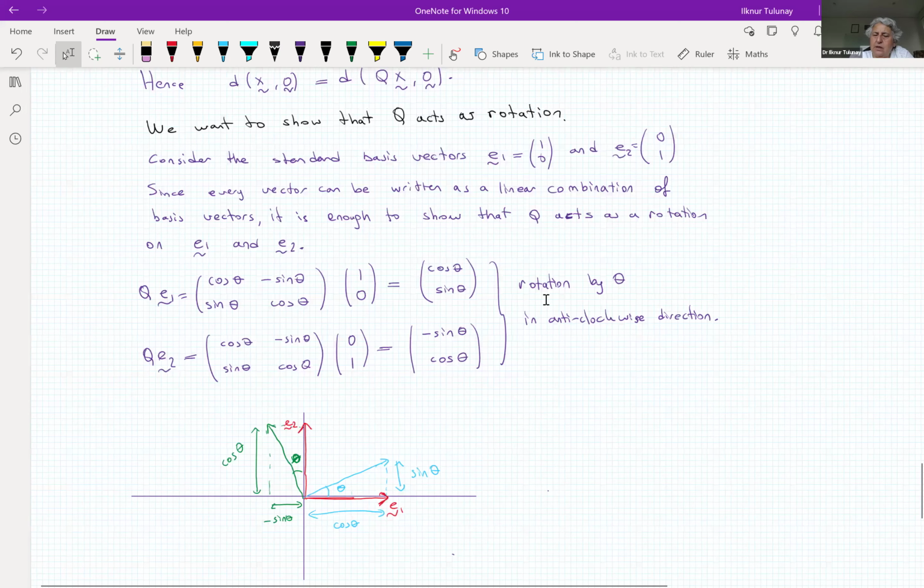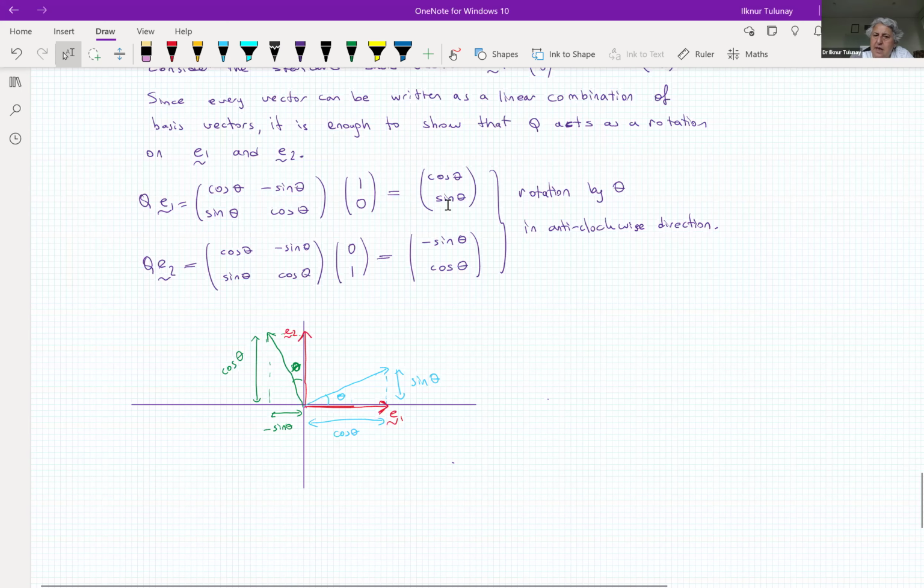This is obvious from here, but let's have a look at what we are doing. So this is the vector E1, and we are moving it by rotation theta up to here. So the x component of this point, this vector here, will be cosine theta, and the y component will be sine theta.